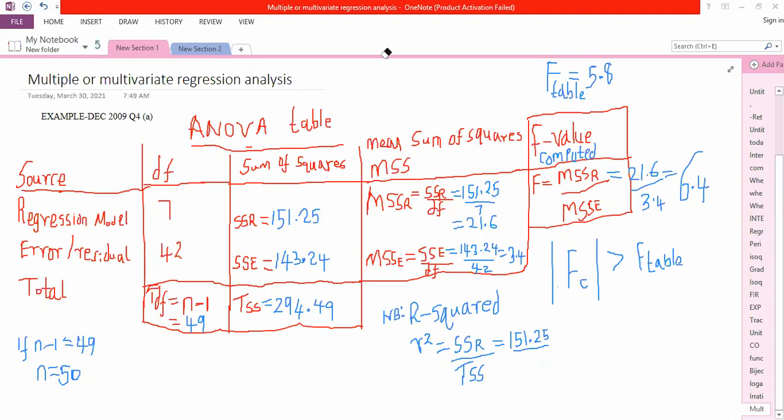It should be the total sum of squares, which is 294.49. And let's work on that. 151.25 divided by that would give us 0.51, maybe to 2 decimal places.